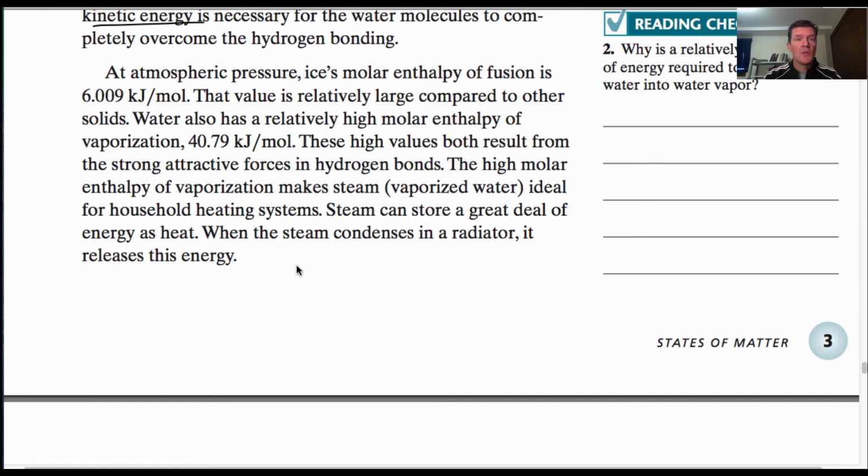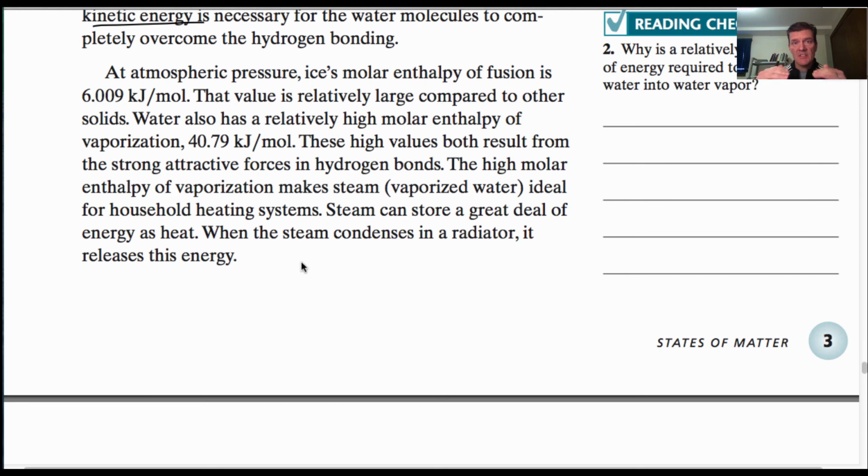So, for example, in your car, to keep the engine from overheating, there's a radiator. And that radiator forces water around the engine to pull heat away from that engine. And then the water cools down and it's circulated around the engine again. That water can absorb a lot of heat away from the engine.